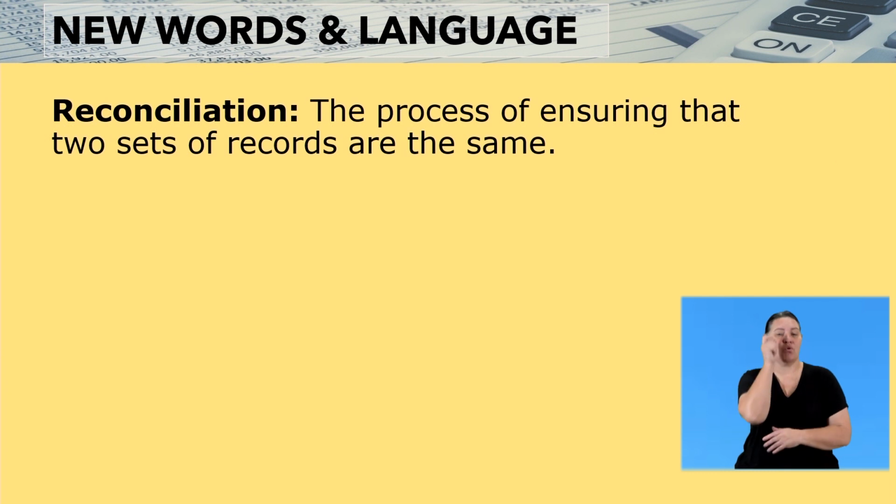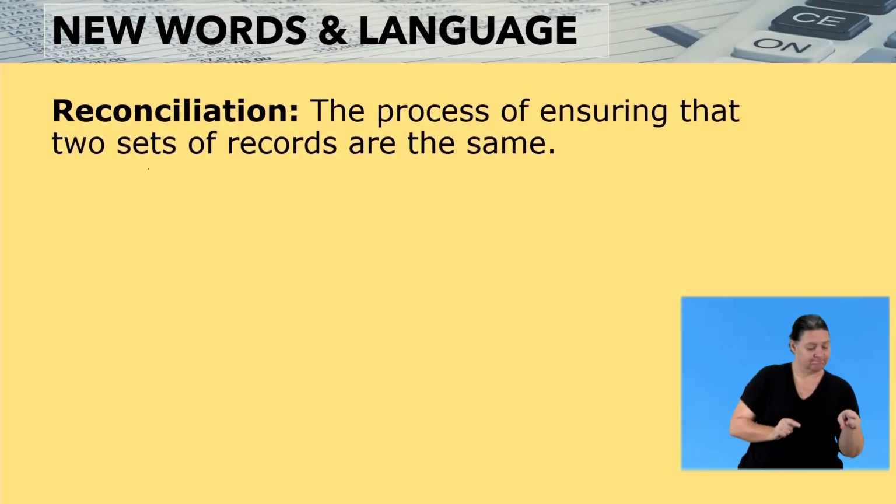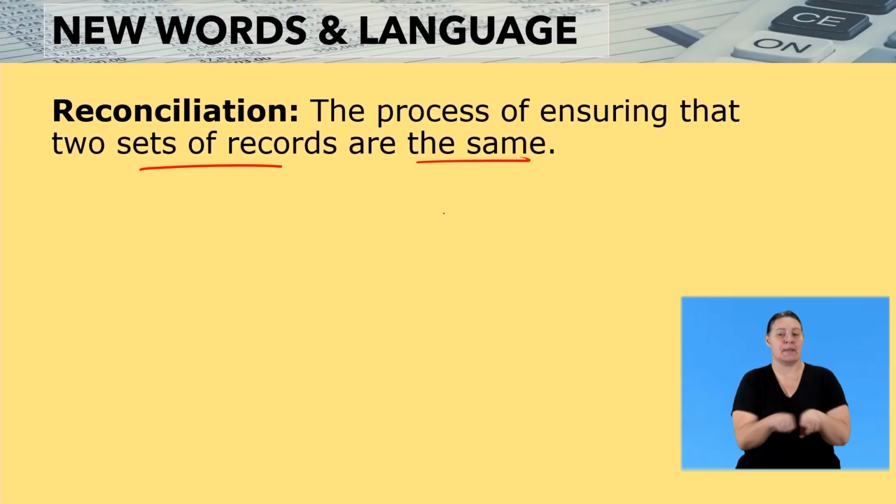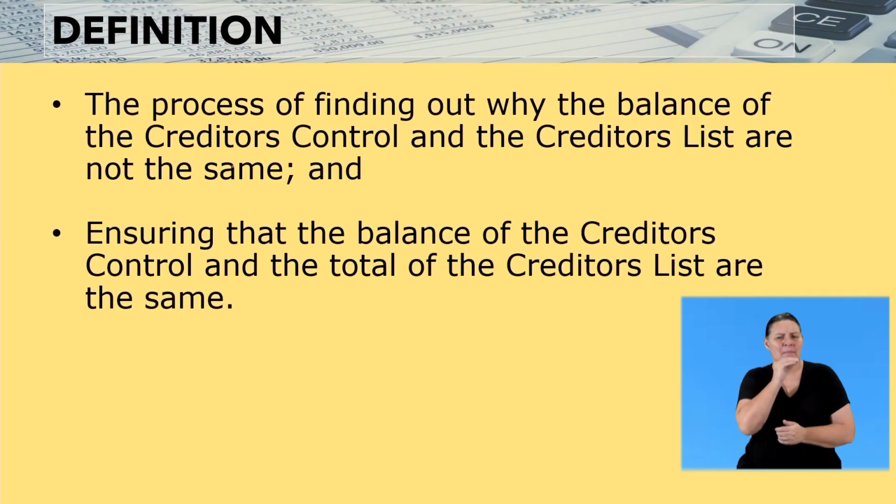Here are new words that you're going to learn in today's class. Reconciliation. It is the process of ensuring that two sets of records are the same. So when there is a difference between two sets of records, we then reconcile to ensure that they are the same. Definition. What is reconciliation?